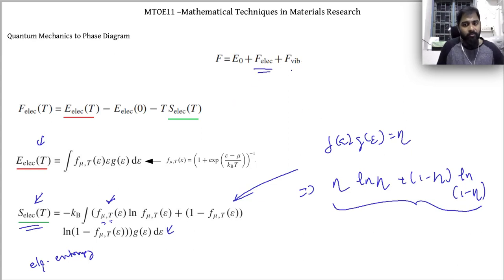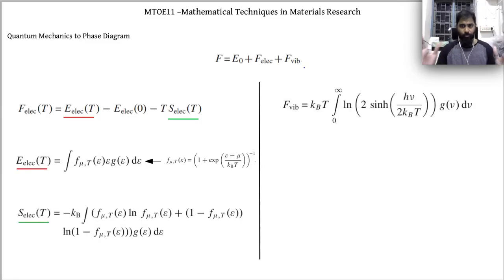Now we have to account for the free energy contribution from the vibration. If you consider the free energy contribution from the vibration, it is expressed in this way. Of course, there are a few parameters that we are aware of. One is the Boltzmann constant, of course the temperature is involved, and we have the Planck's constant. Now there is a sinh here, primarily because we are assuming that our vibration is harmonic in nature.